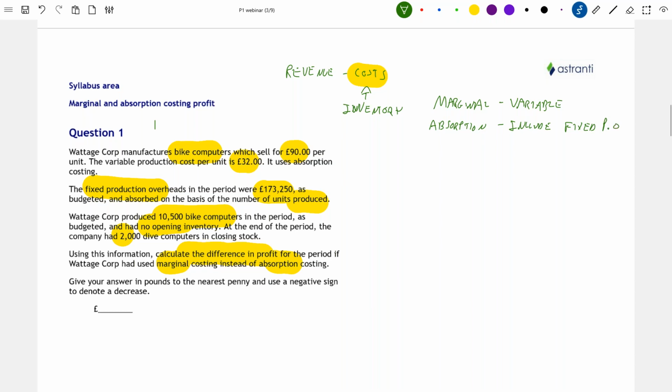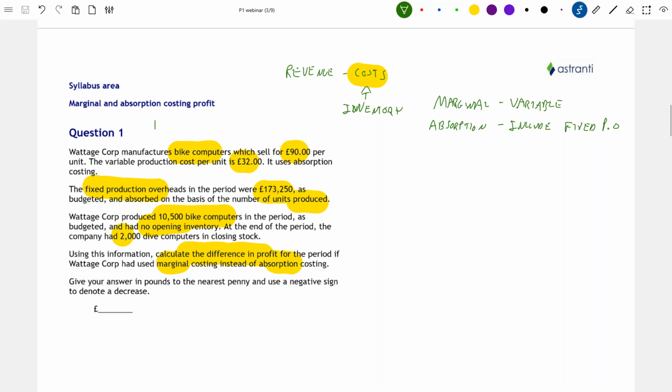I'll just write P.O, short for production overheads, to save me writing all of that out. So we include more costs in our inventory under absorption costing than we do under marginal costing. So in this way, we can conceive of inventory being seen as more valuable under absorption costing. That's just one way to think about it.